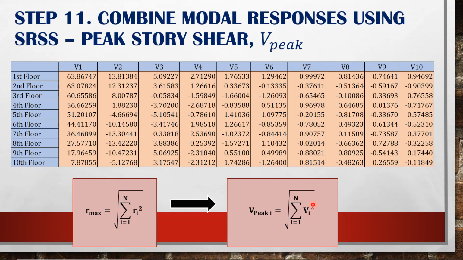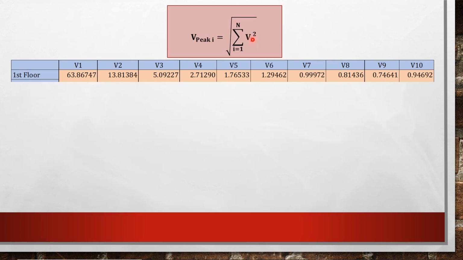Floors are represented by i. Starting with the first floor, we sum up all of these, then take the square root, so we can find the peak story shear. Using this formula and the givens from earlier, we plug them in and get the result.